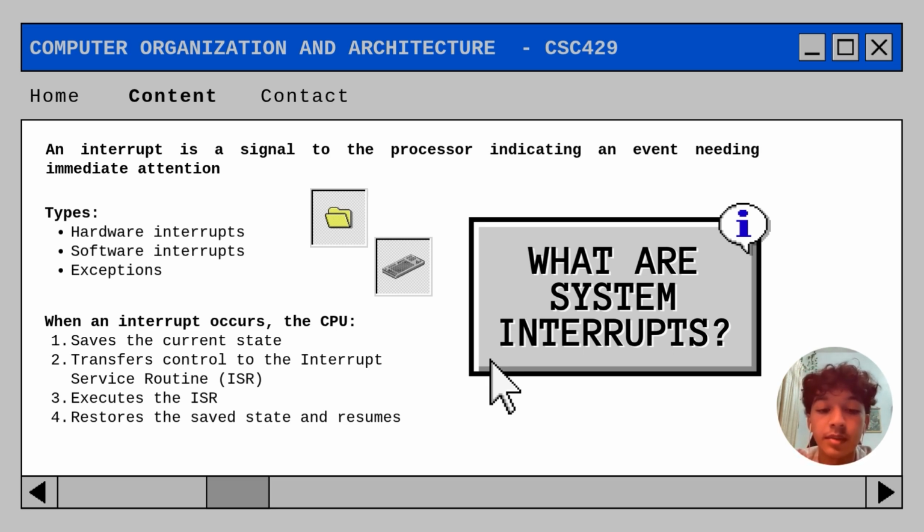For software interrupts, an example is system calls, and for exceptions, divide by 0. So when an interrupt occurs, the CPU will save the current state, transfer control to the interrupt service routine, which is the ISR, execute the ISR, and lastly restore the saved state and resume.